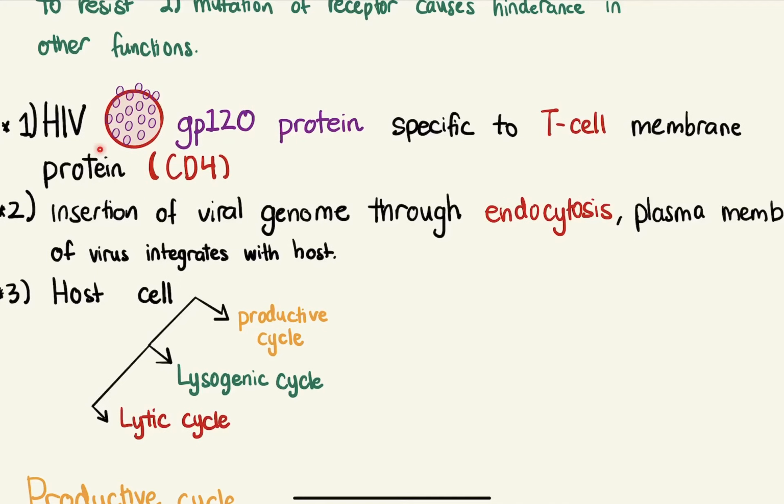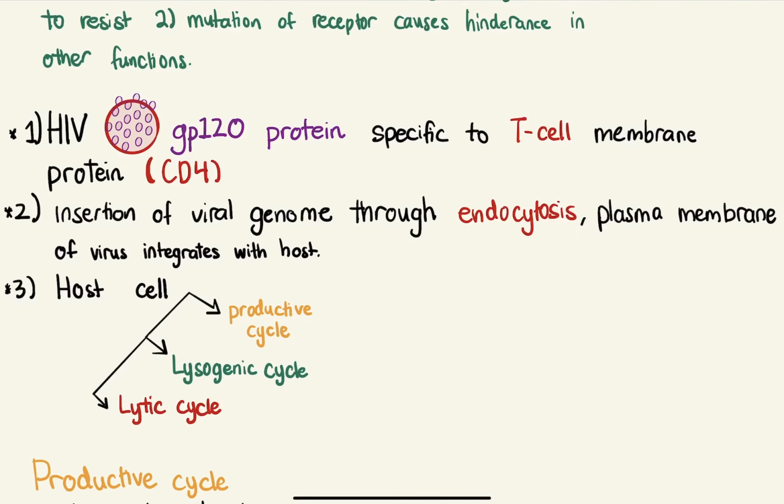So now HIV. The first thing we're going to talk about is HIV. The gp protein is specific to the treatment. We talked about this right now. Insertion of the viral genome through endocytosis: the plasma membrane of the virus integrates with the host. Endocytosis is a process where viruses are basically penetrating the host cell.